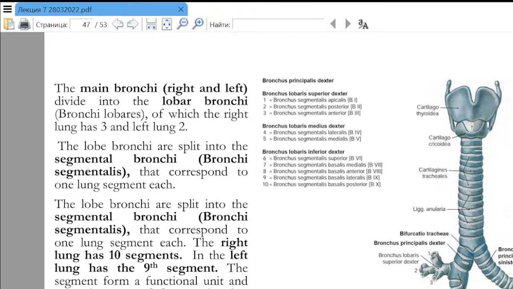The lobar bronchi are split into the segmental bronchi, bronchi segmentalis, each corresponding to one lung segment.